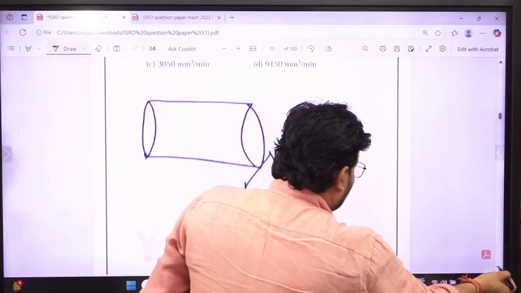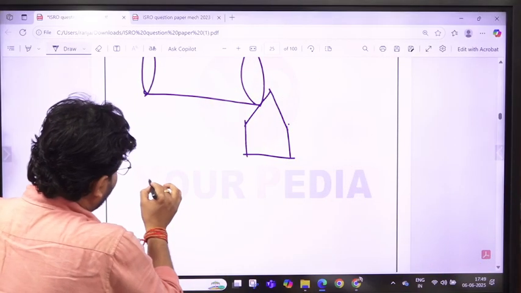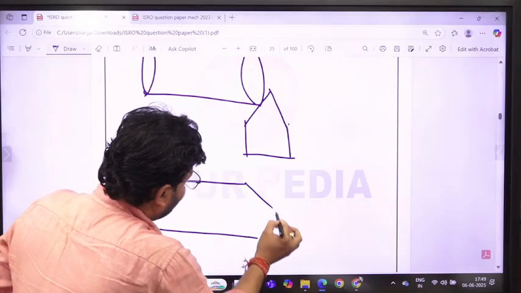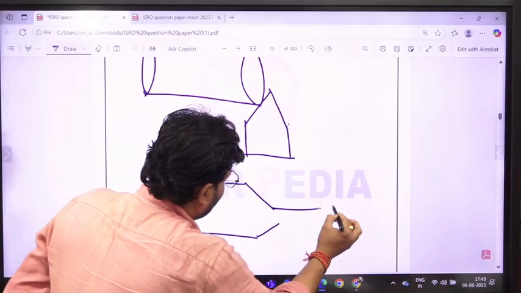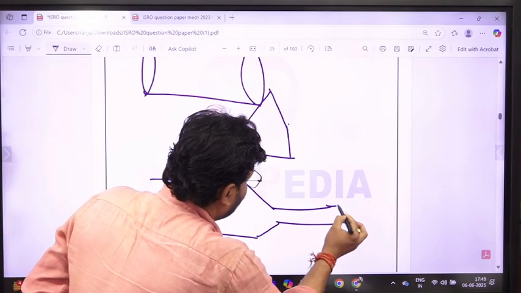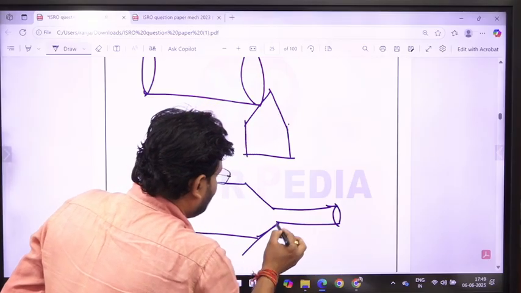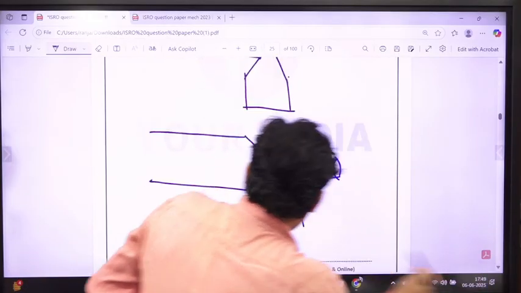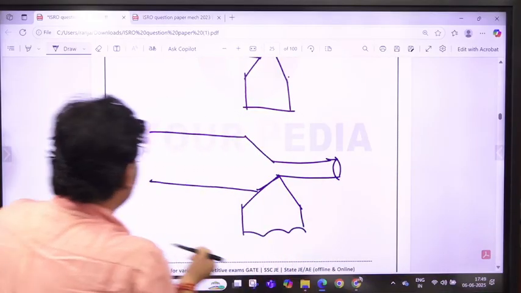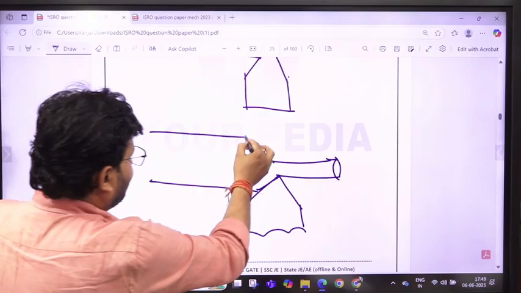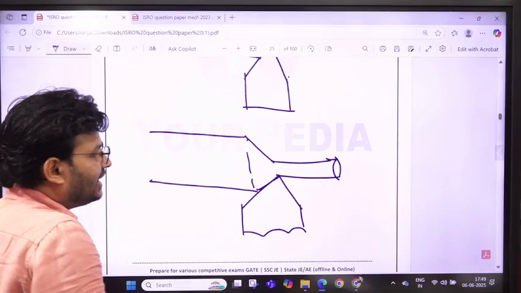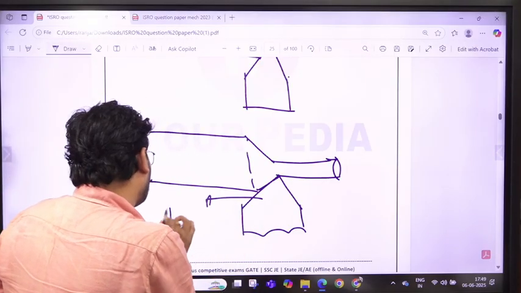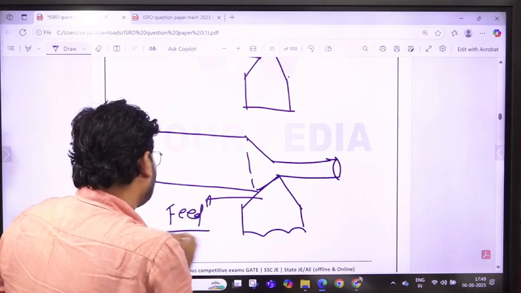After turning, it looks something like this. The turning is done, and that is your tool. And you know, my dear friends, in this direction this velocity is called the feed.